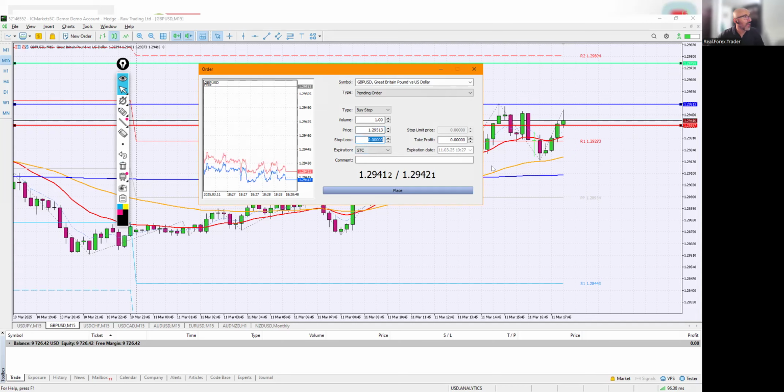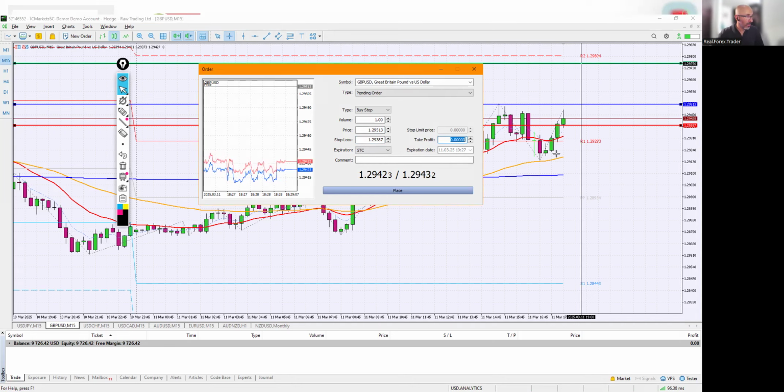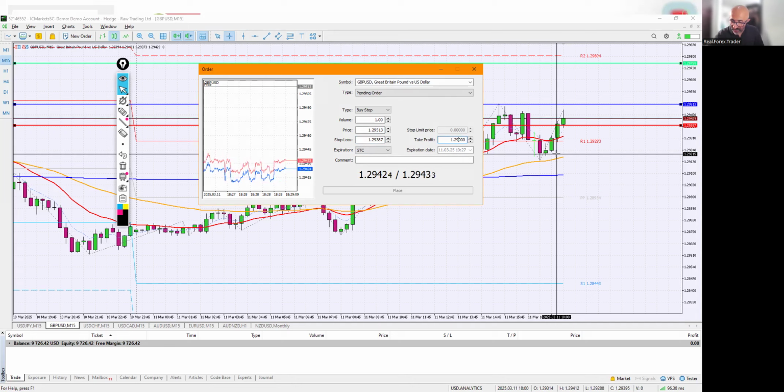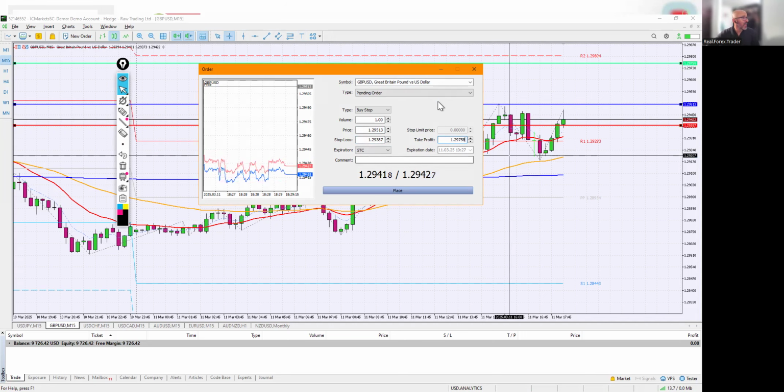So what is my stop loss? Is 1.29387. And my take profit will be, I can't see with that color, 1.29758. Yeah, let's confirm. Yes, that's it.